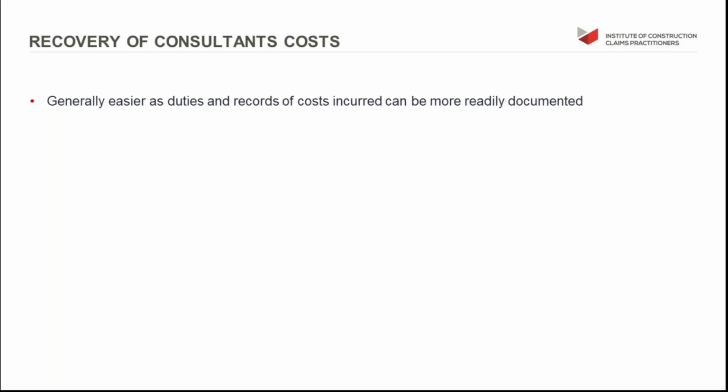As long as they satisfy the requirements that we've set out in terms of being able to include for them within either the arbitration claim or as a head of claim or as damages for a secondary breach of contract. With a consultant, as long as you've got the records that demonstrated what they did, you can just include them as a cost, as we saw in the Walter Lilly versus Mackay case.